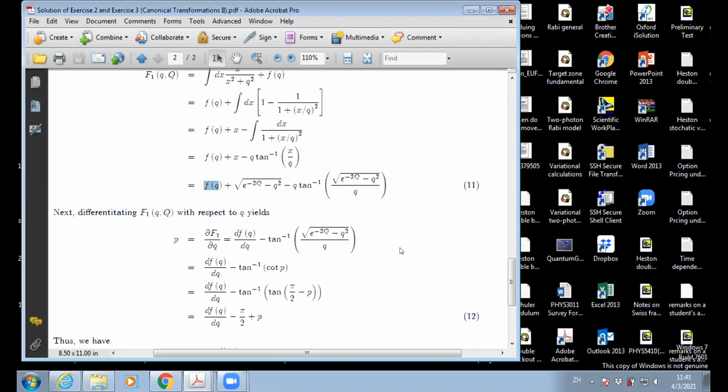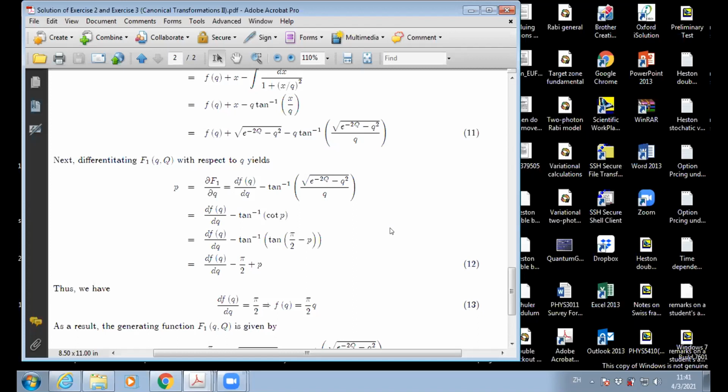Now, there are two terms coming from the third one here by definition. One of them simply cancels this out. In other words, we differentiate this arctangent, and we get a result which cancels this. So we're left with this one only.